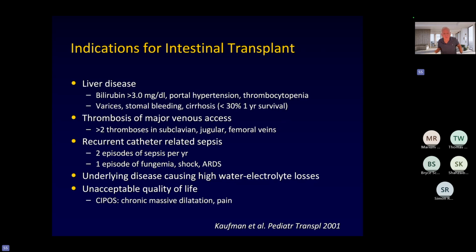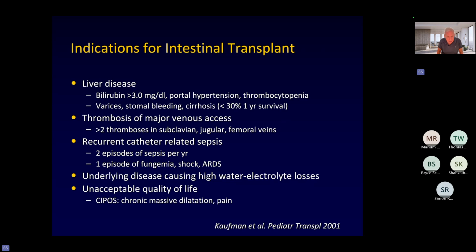The indications for intestinal transplant, again, prolonged hyperbilirubinemia or problems with stomal bleeding, cirrhosis, thrombosis of major venous access. Again, this is a major problem in patients on long-term parenteral nutrition.